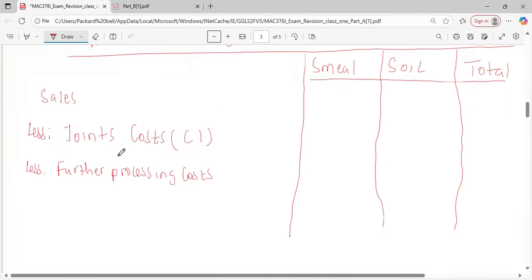There is distribution cost. We also have to less distribution cost. And what else do we have to less? We also talk about refining cost.